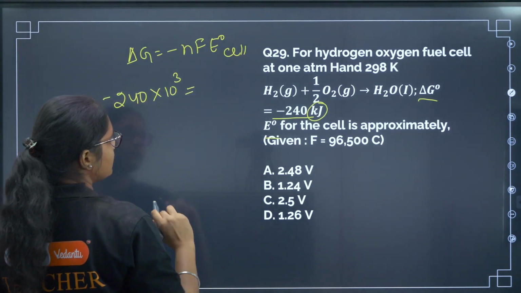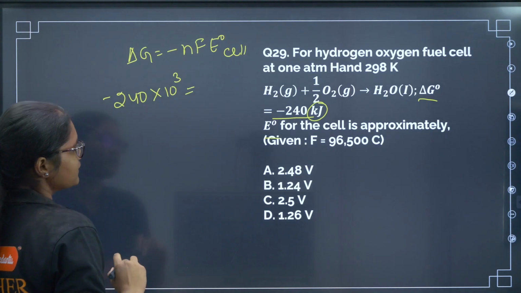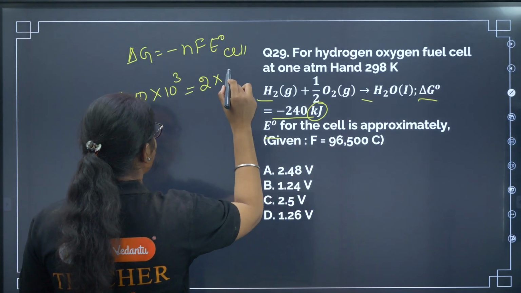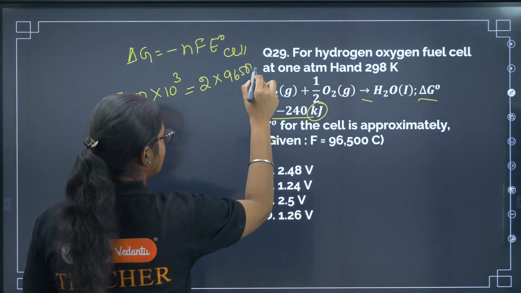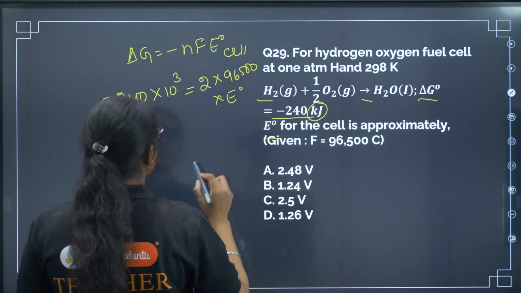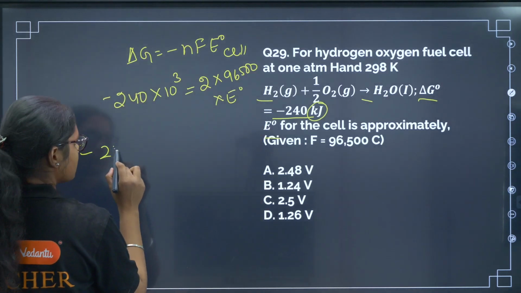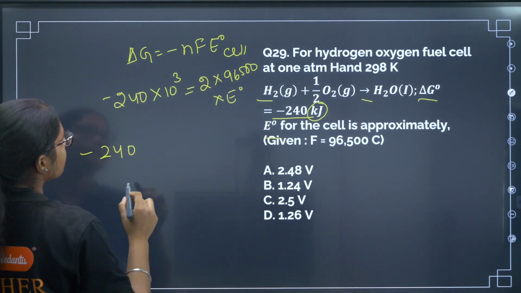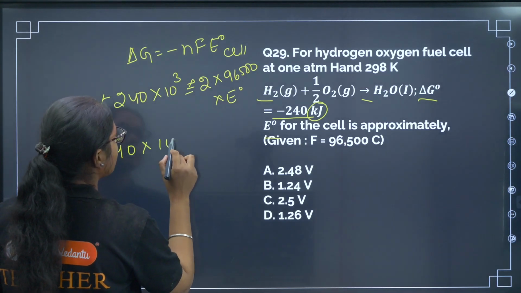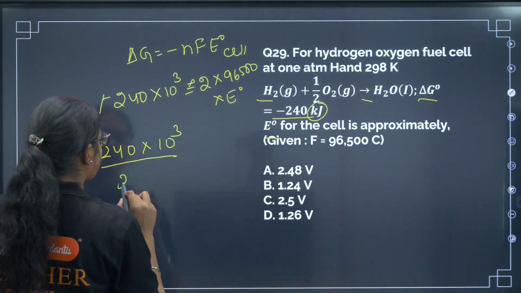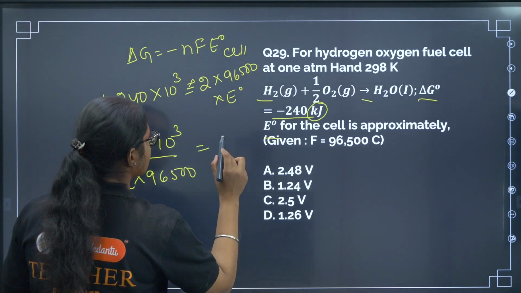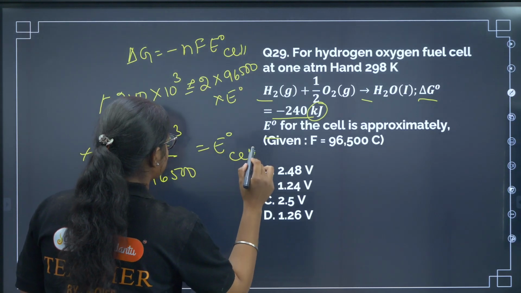Now in this reaction the number of electrons is 2, so minus 240 into 10 to the power 3 is equal to minus 2 into 96500 into E naught, which we have to calculate, right? If we solve this, minus minus will get cancelled. 240 into 10 to the power of 3 divided by 2 into 96500 equals E naught of the cell.